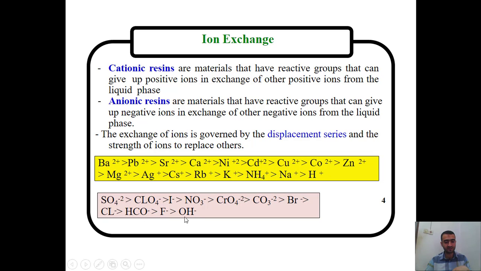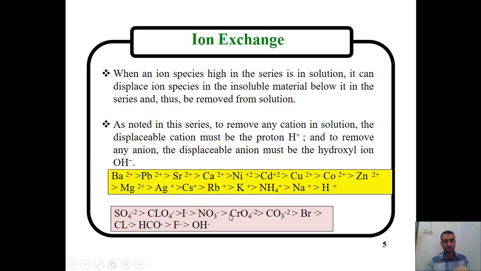When an ion species is high in the series, like barium or lead in solution, it can displace ion species in the insoluble material below it.